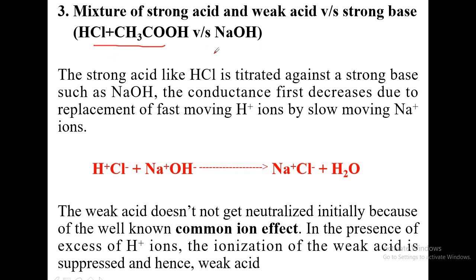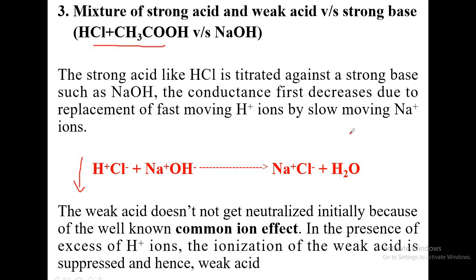But when you add NaOH from the burette, the OH minus ions will react with the H plus ions and water is formed. This is called a neutralization reaction. As a result, the number of H plus ions goes on decreasing, and H plus ions are replaced by Na plus ions, leading to the formation of sodium chloride.